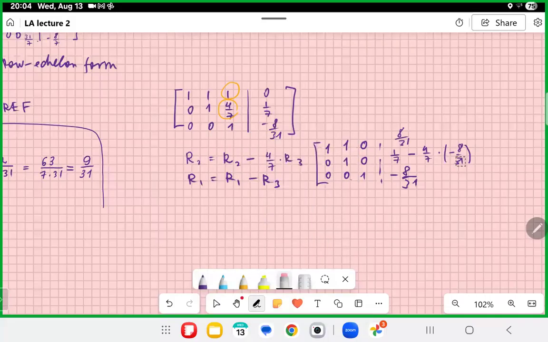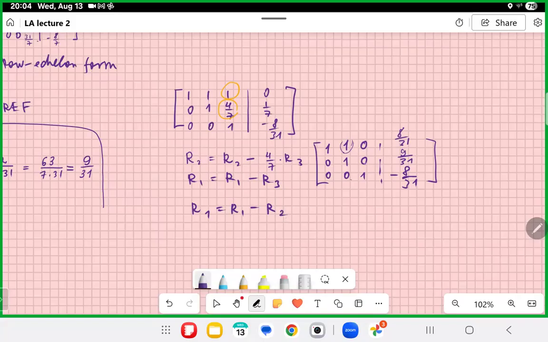I don't want to calculate it a second time. So I'm going to just erase this result and write down what we already calculated, that it's 9 over 31. Very good. So after these two row operations, our matrix is very close to reduced row echelon form. We just need to eliminate one more element, which is over here. And how do we eliminate it? We are going to take row number 1 and subtract row number 2 from it, right?